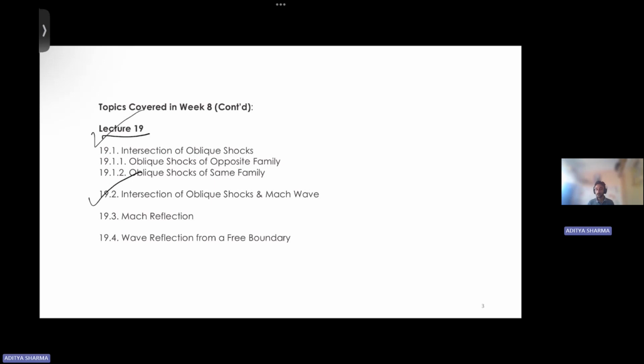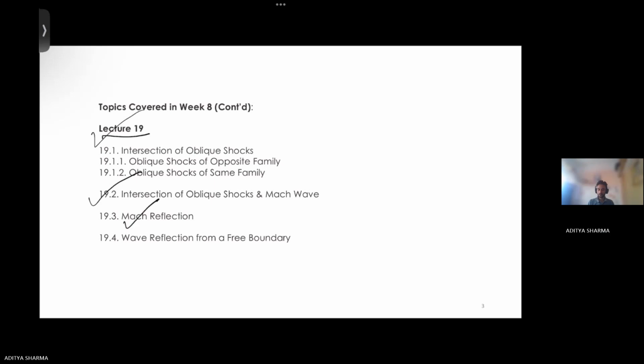What happens in that case is that beyond theta max, we get a normal shock. The shock interacts with the oblique shock, and what we get there is this Mach line.